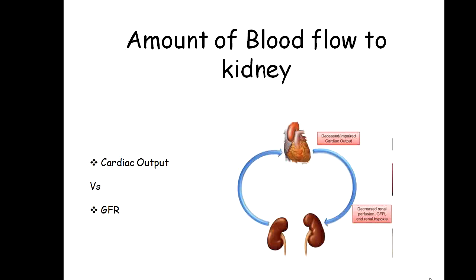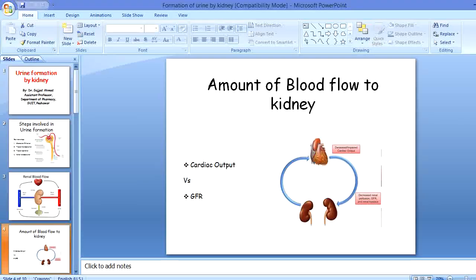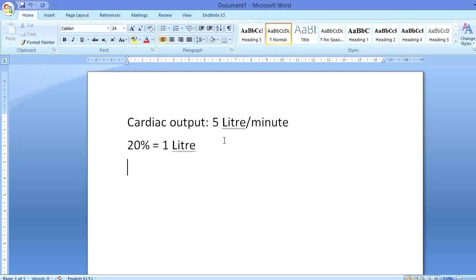Out of this 1 liter of blood, what will be the volume of plasma? In the 1 liter, roughly 60% of blood is plasma; we will assume it at 60%.